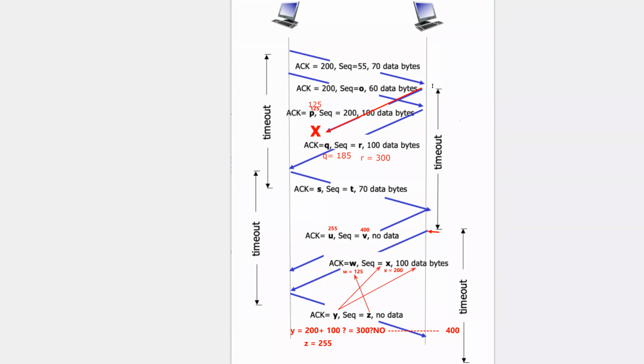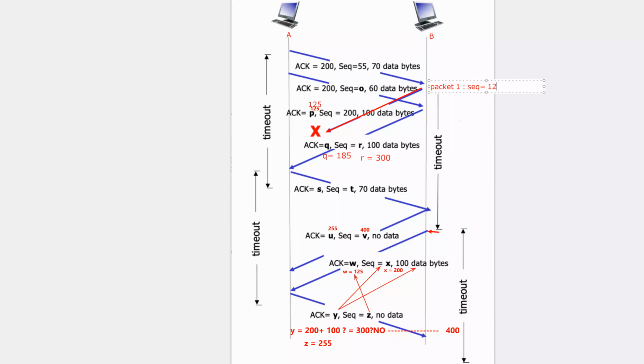Here we need to count how many packets we have from B to A. Packet 1, sequence number is, what is the value? 125.